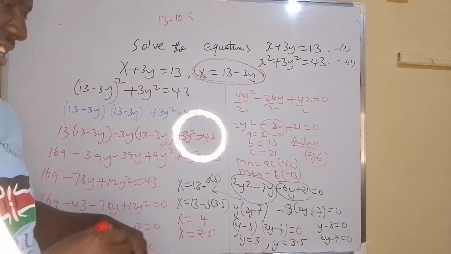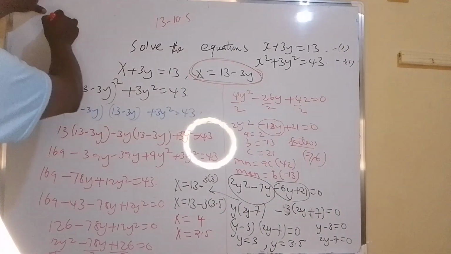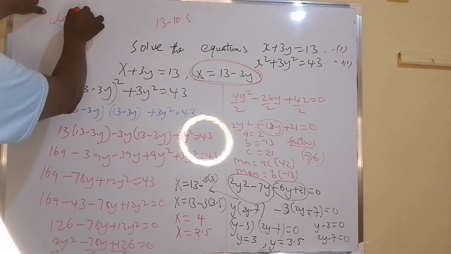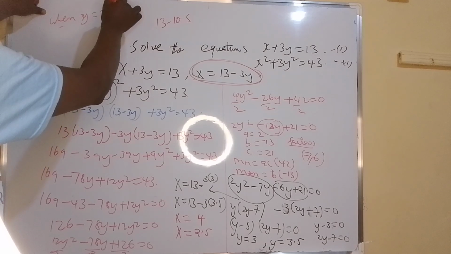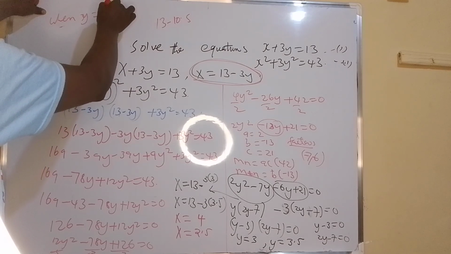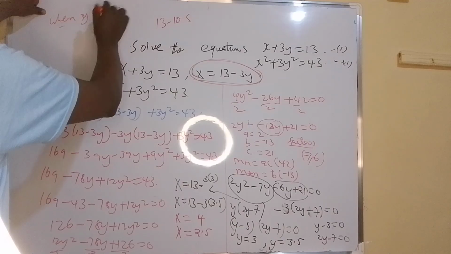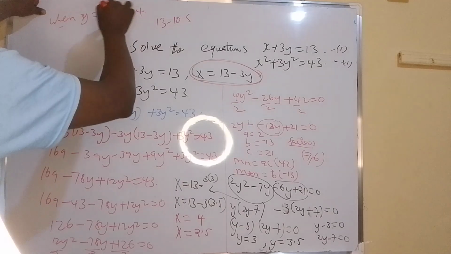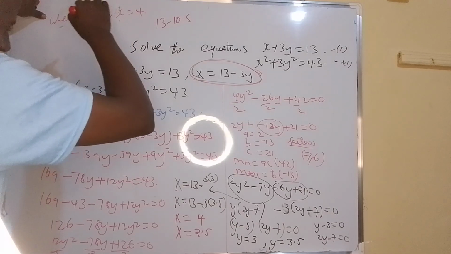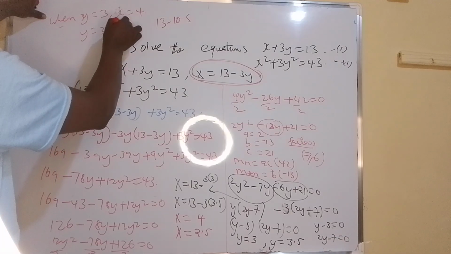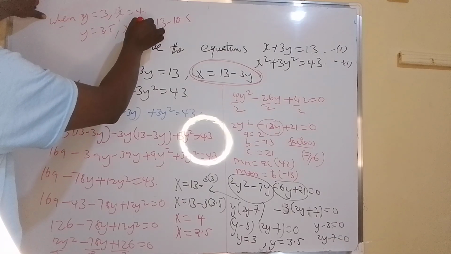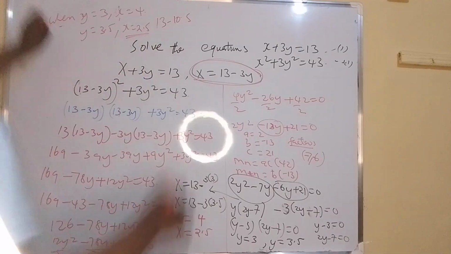So those are the answers. You can now say when y is 3, x is 4. And when y is 3.5, x is 2.5. I confirm that it is true.